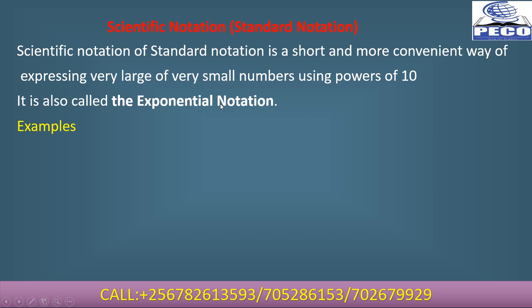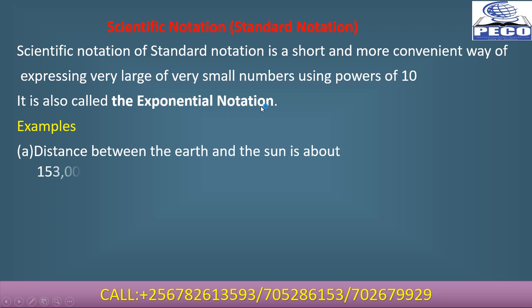It is also called exponential notation. Okay, let's take an example. The distance between the Earth and the Sun is 153 million kilometers. Now, writing all these digits can be simplified by writing 1.53 times 10 to the power 8.